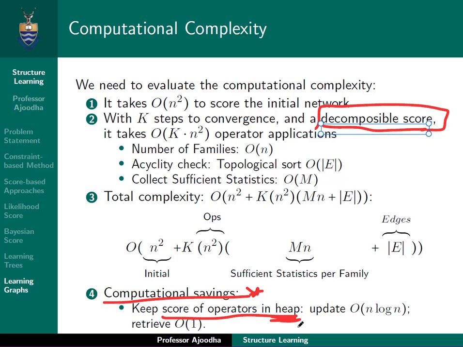Which means that you can update this heap in n log n time, all right, with every iteration of the search procedure, and for every k time of the search procedure.